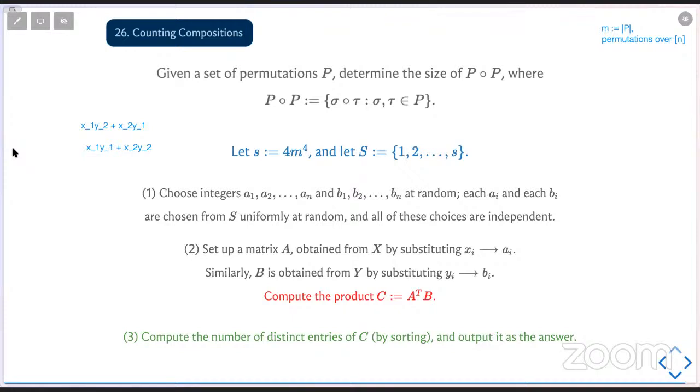So this is what I'm afraid of. I'm afraid that two things that were actually distinct in the product matrix, when evaluated at a random point, manifest as being the same. They were actually different, but they ended up colliding. Whereas I'm never worried about two polynomials that were the same, because they will never manifest as being distinct. So our final answer, is it going to be an underestimate or an overestimate of the true answer?